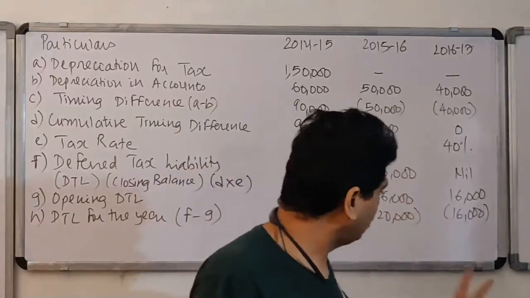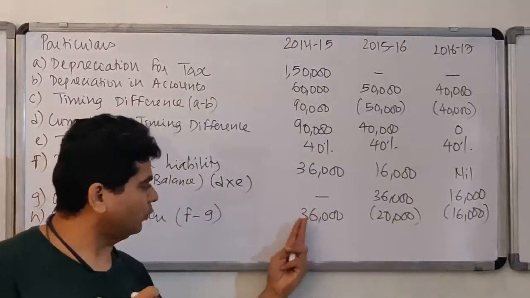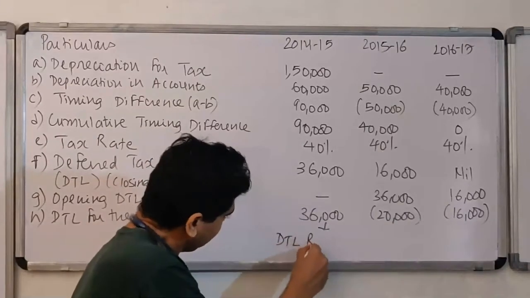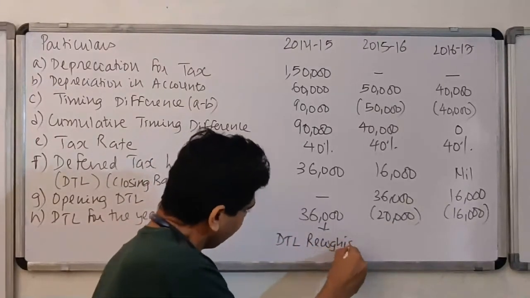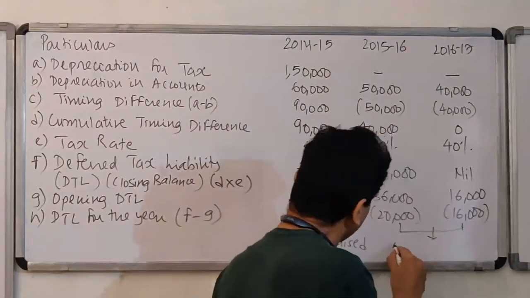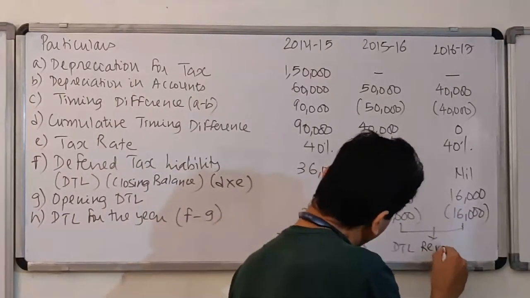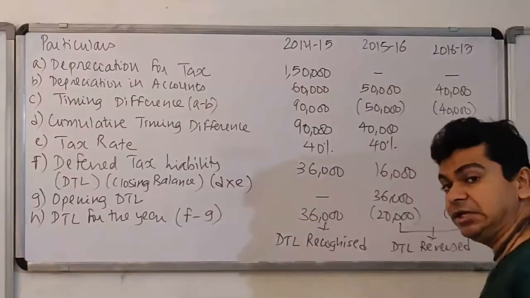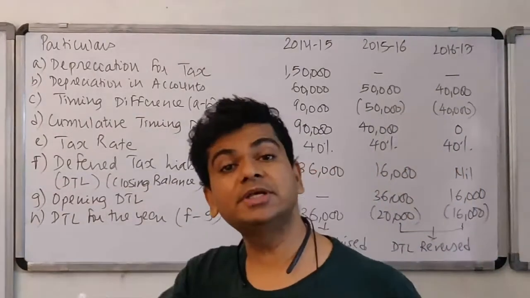So as you can see, the total of these two is turning out to be 36. This is known as DTL recognized. This is known as DTL reversed.